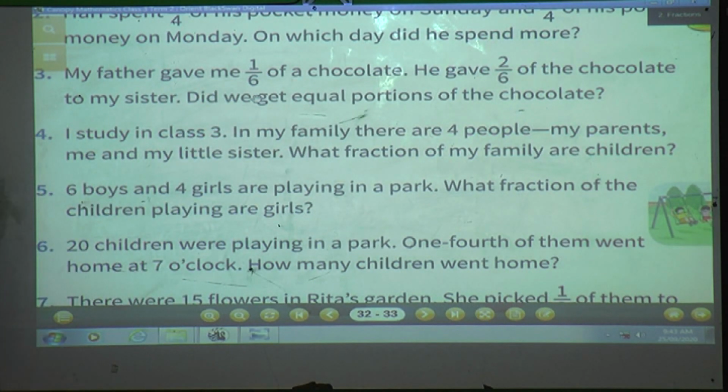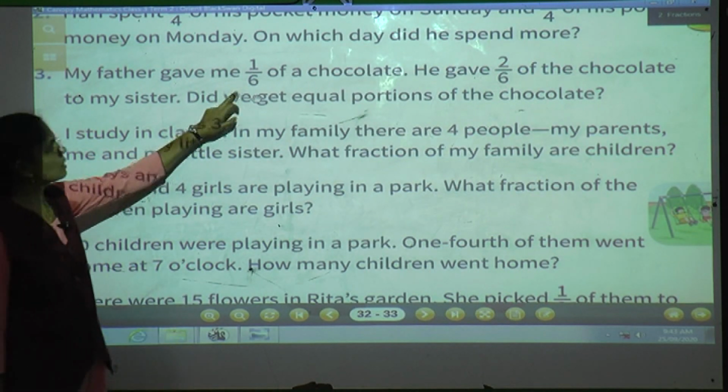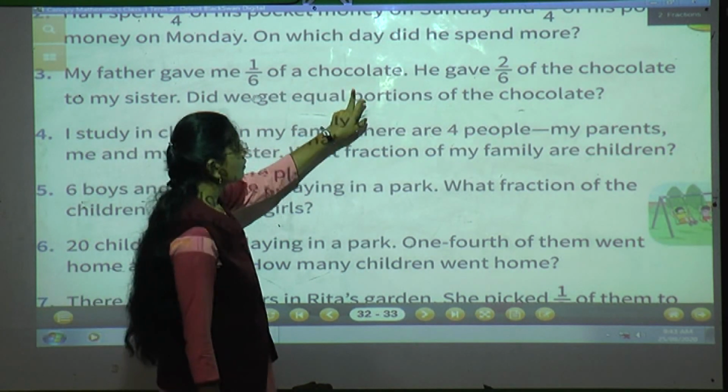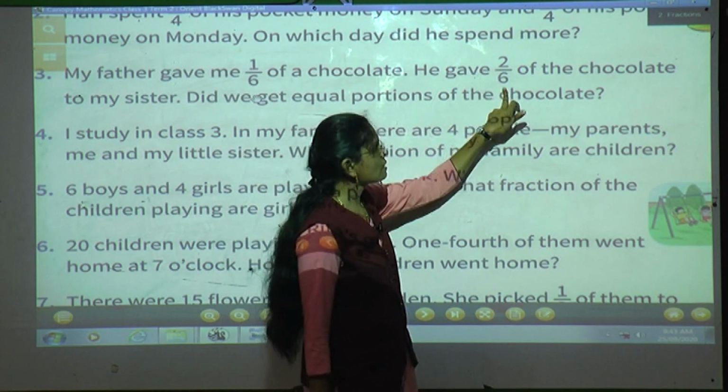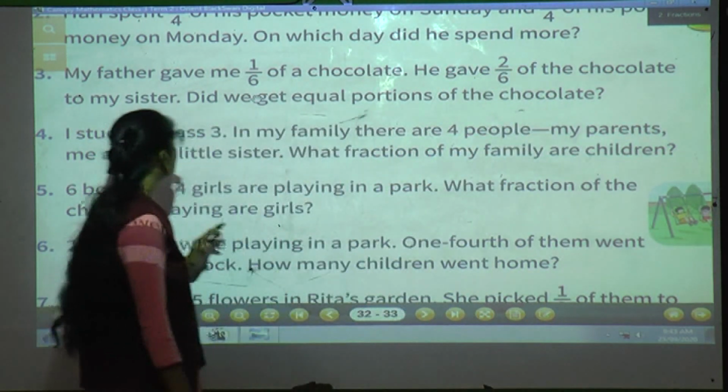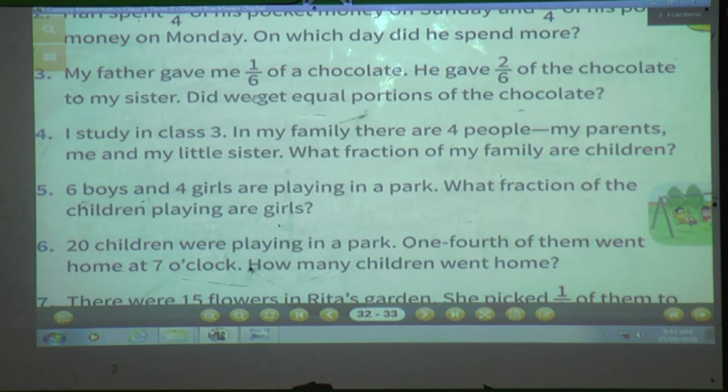See the question. My father gave me 1/6 of a chocolate. He gave 2/6 of the chocolate to my sister. And the question is, did we get equal portion of the chocolate?